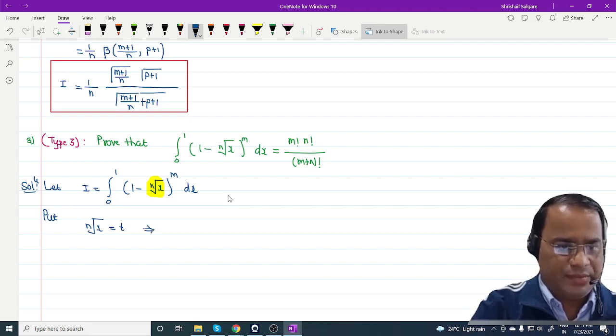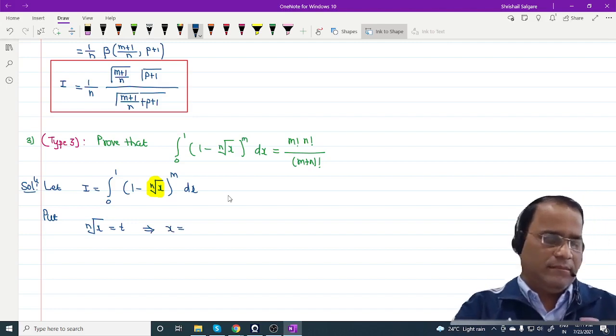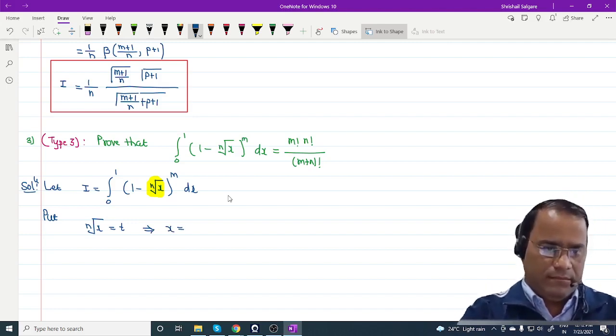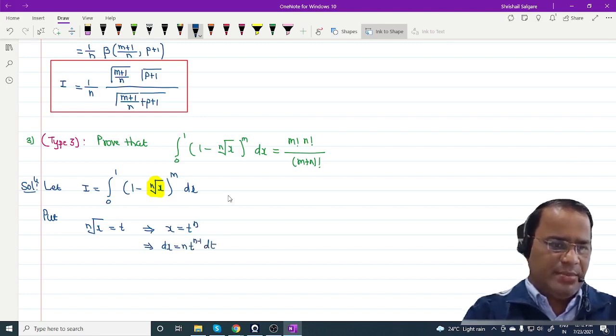That means x is equal to, taking nth power on both sides, t raised to n. So this implies dx is equal to n into t raised to n minus 1 dt. Again the limits remain the same: x is 0 and 1, then t is also 0 and 1.